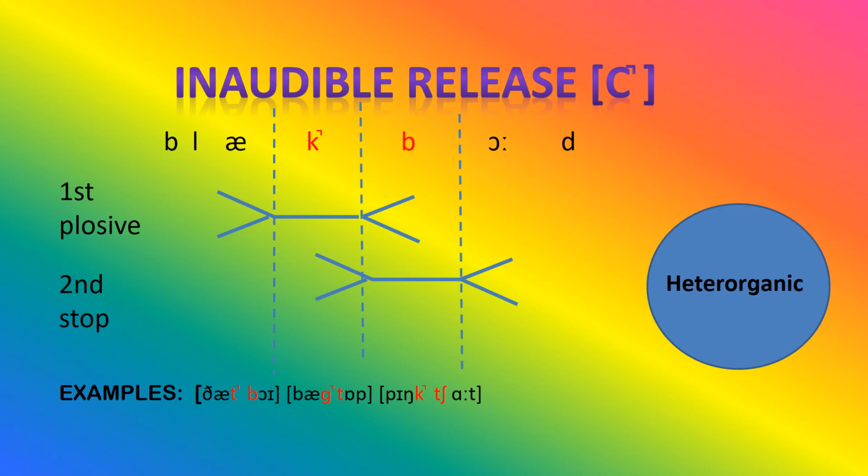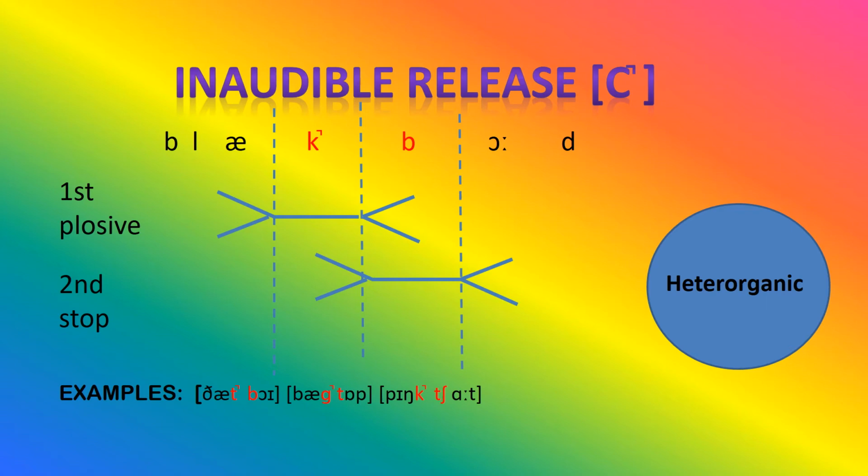We represent this allophonic variant with the letter C that stands for consonant with an angle which shows that the release stage of the plosive is not heard. This happens when the plosive is followed by a stop.